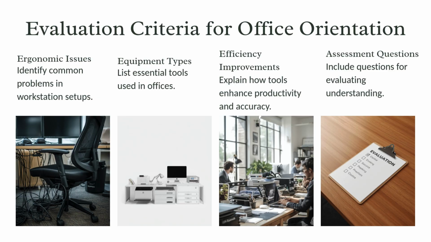Number 3, explain how poor ergonomics could affect performance. Number 4, state 3 types of equipment needed for efficiency. And number 5, share brief responses. So after you make your discussion in your groups, you will share your findings with the class.